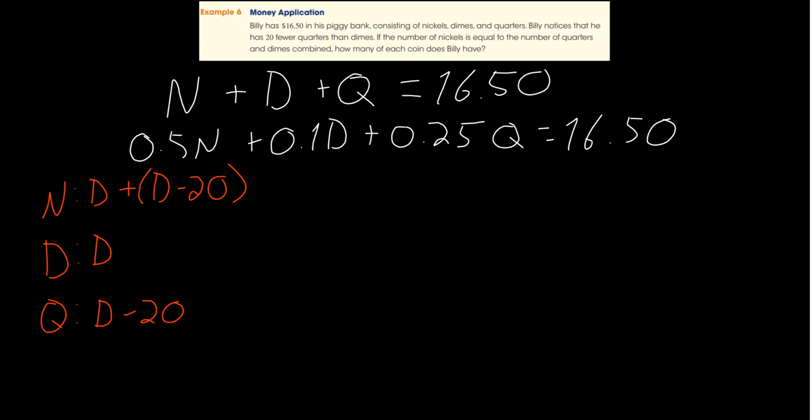Okay, hopefully you can see this all coming about. So now I have my variable N, which would go here, my variable D for dimes, which doesn't change, so I can keep that there. And then my variable Q, quarters, goes here.